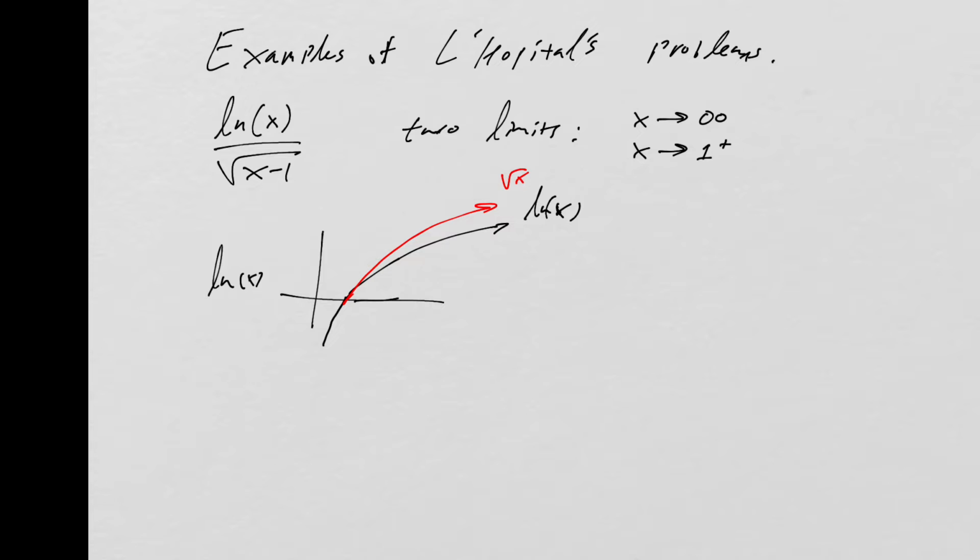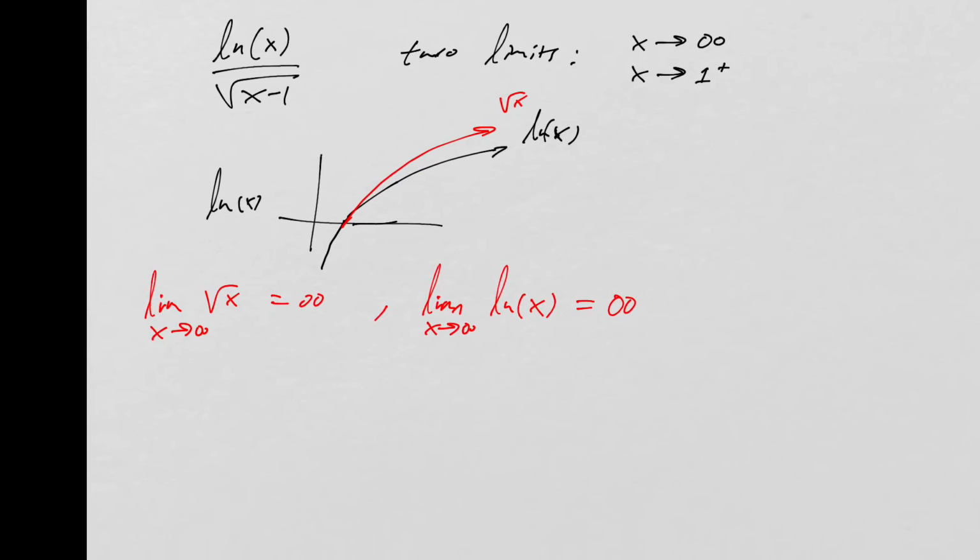Okay, but one thing we do know is that if I take the limit of square root of x as x goes to infinity, that is infinity. And of course, we know that the limit as x goes to infinity of natural log of x is going to be infinity as well.